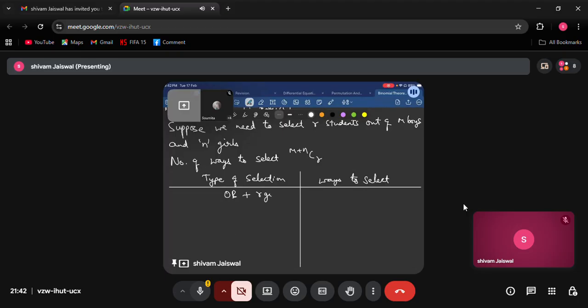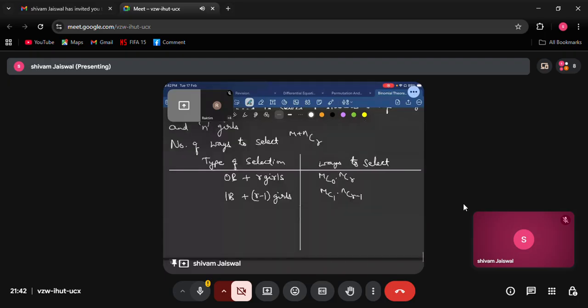In how many ways can we do this? mC0 into nCr. Next, you can select 1 boy and r minus 1 girls, which can be done in mC1 into nCr minus 1.